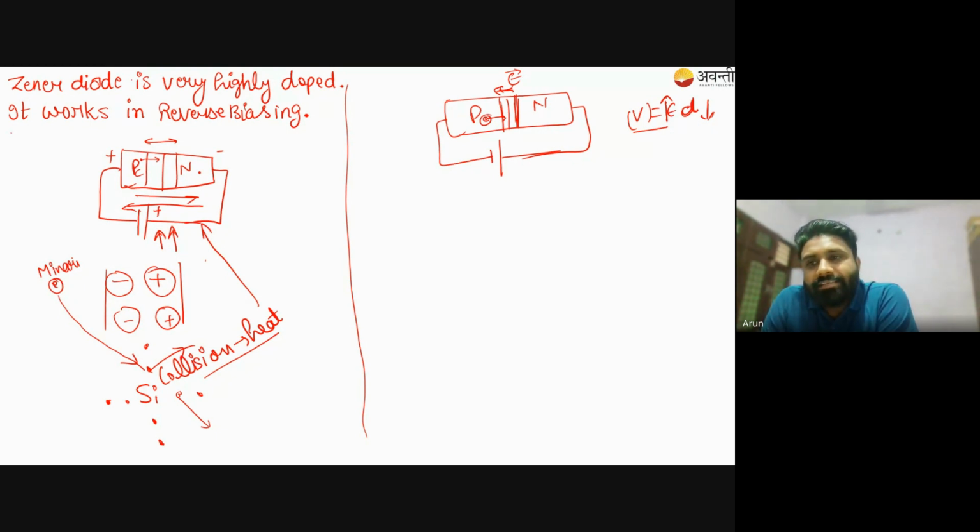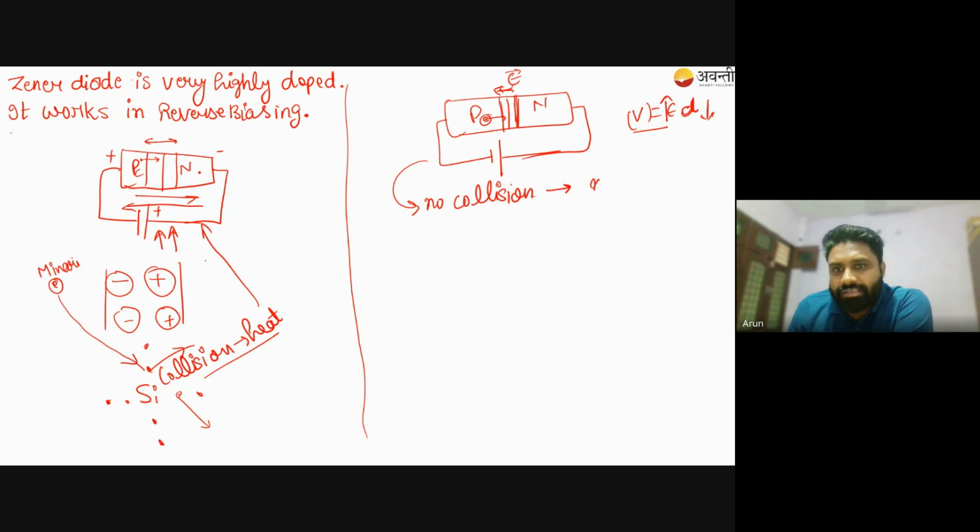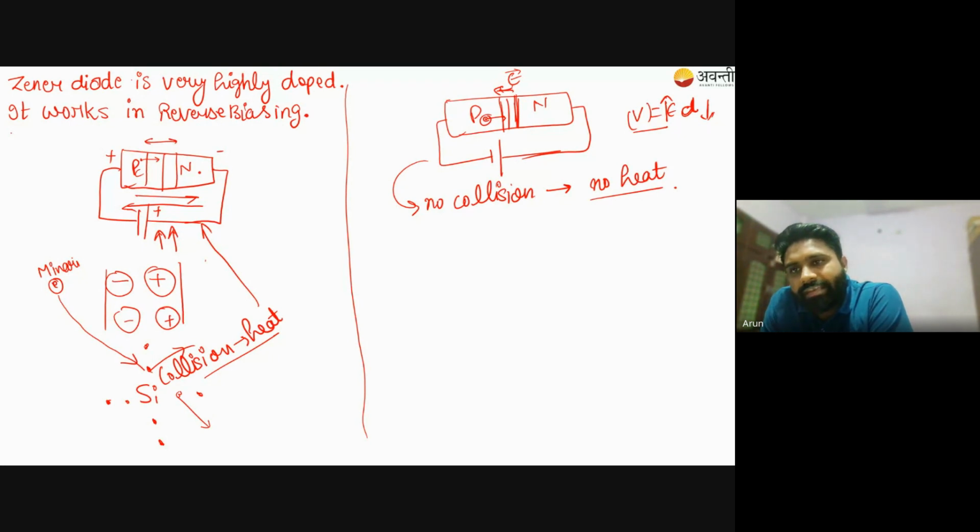Or you can say the chances of collision are very less, because the electron is moving very fast. Okay, got it? So there is no chance of heat generation. If there is no collision, there is no heat. So a very large value of current will flow, but the potential across the depletion width will remain the same, and there is no heat effect.